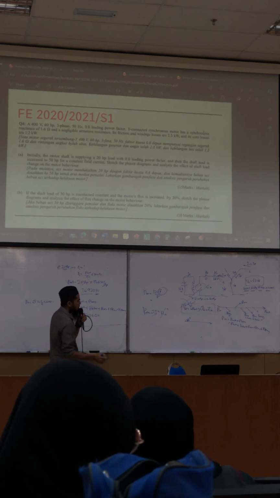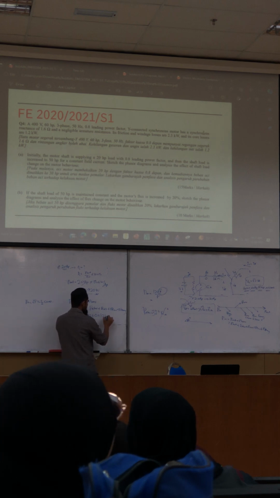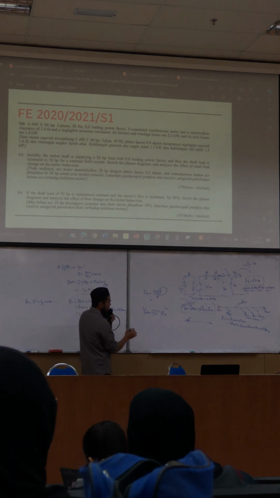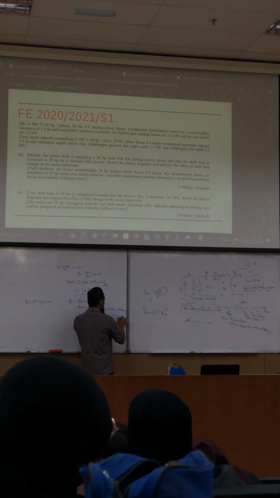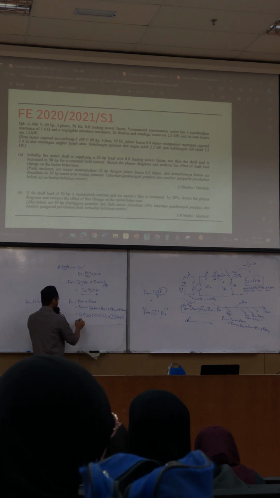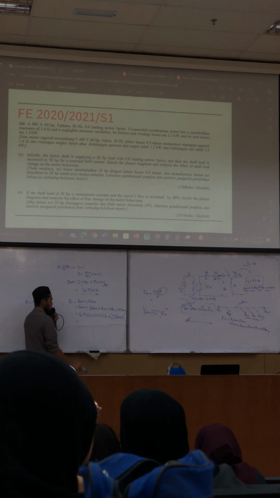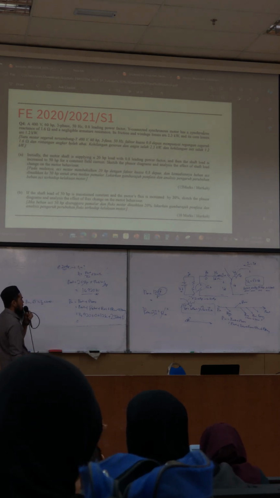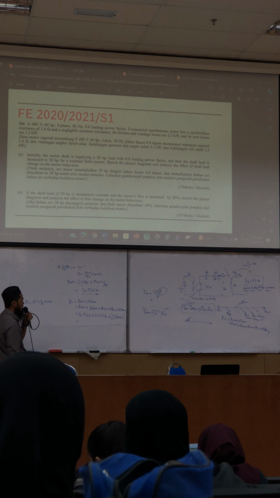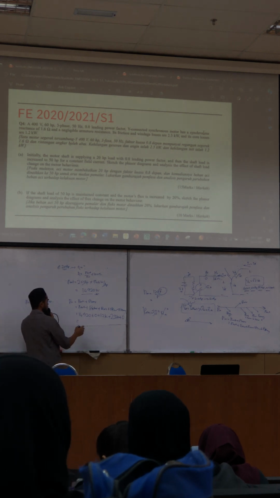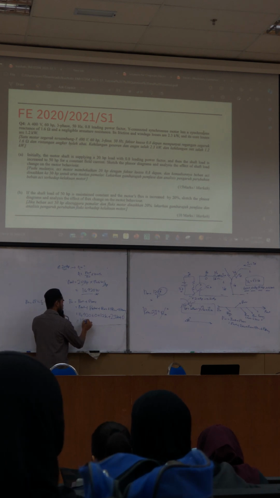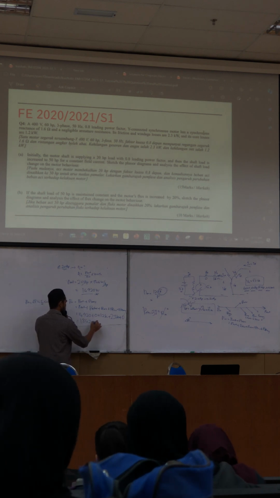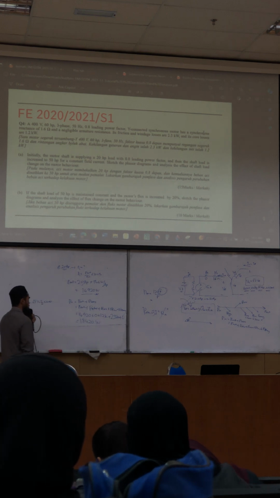P core is given as 1.2 kilowatt. P friction and windage is 2.3 kilowatt. And P stray is also assumed as 0. So how much is your P in? 18,420 watt.